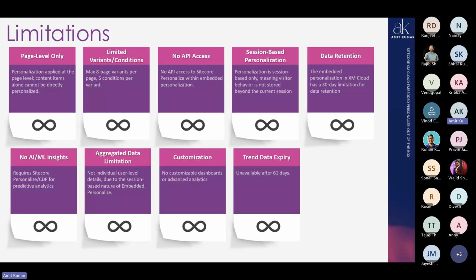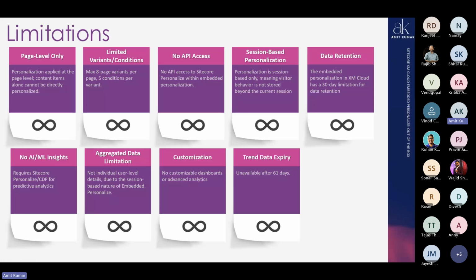That type of custom creation you can't do here, nor any sort of customization. And trend data will expire in 61 days, so you cannot go beyond that, and you cannot do historical data personalization either.